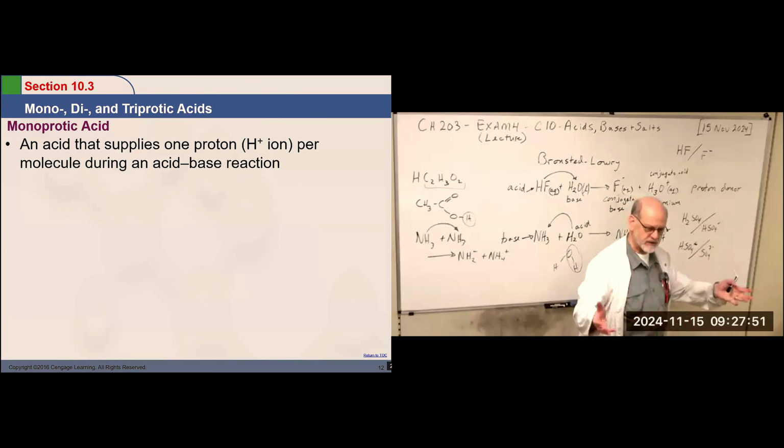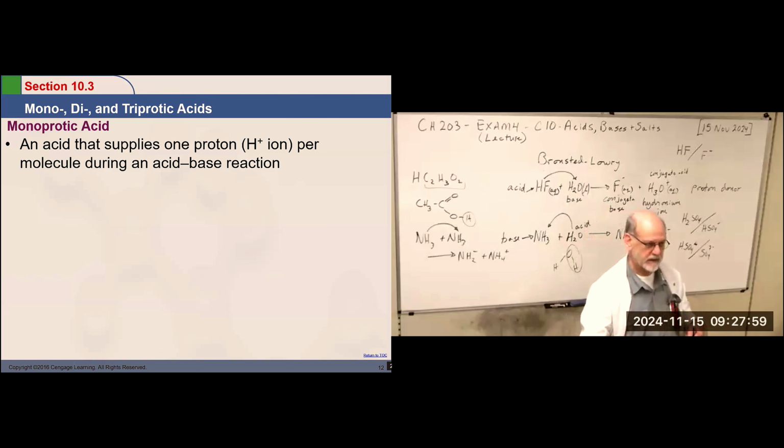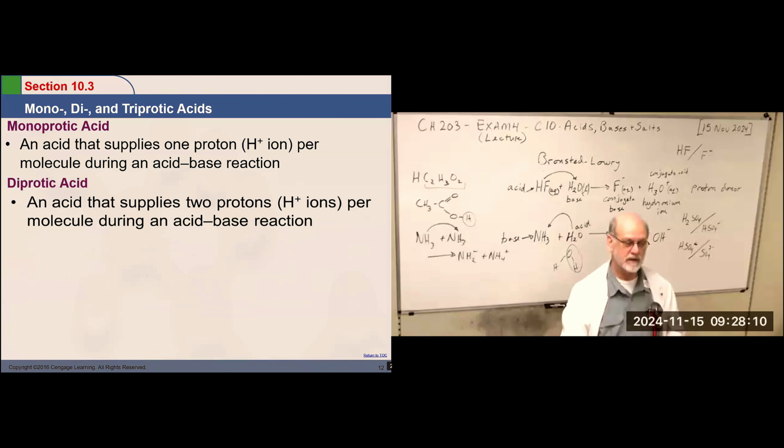All right, naming convention. Monoprotic acids only have one proton or one hydrogen that's available for ionization, like hydrofluoric acid, nitric acid, hydrochloric acid. They only have one hydrogen available. Diprotic acids have two hydrogens available, like sulfuric acid or sulfurous acid.